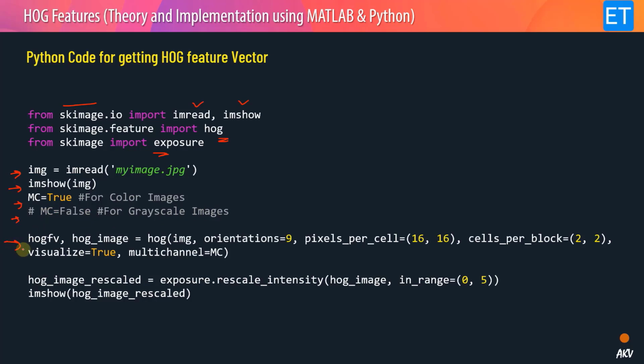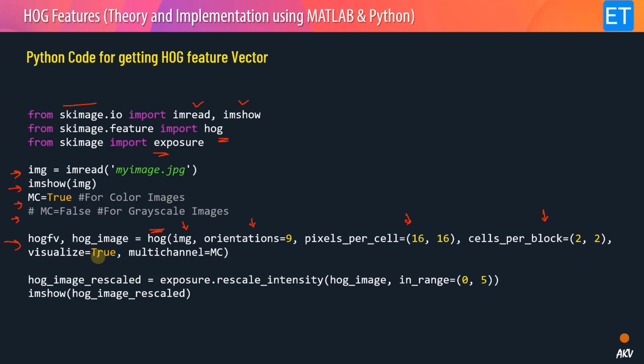So this is my function hog of this skimage library, which is computing the HOG features. This is your input image img, and orientations 9, I mean this is a 9-point histogram. And here I am defining the cell size, like 16 by 16, 8 by 8. And then I am defining the blocks, I mean cells per block. So this is 2 by 2, actually 4 cells in a block.